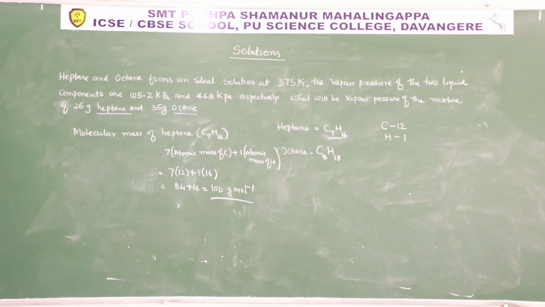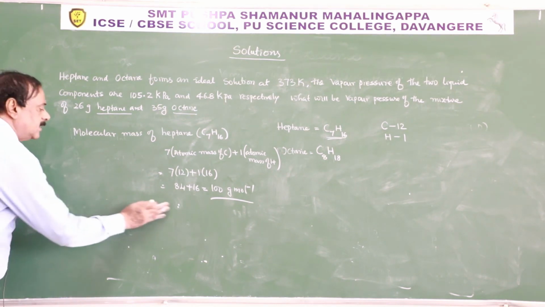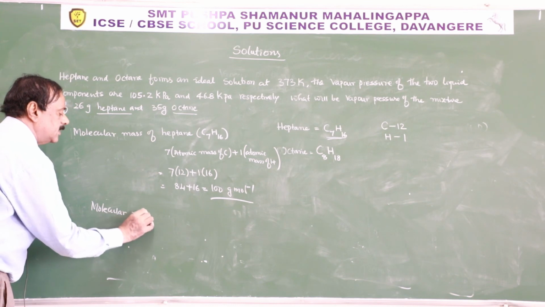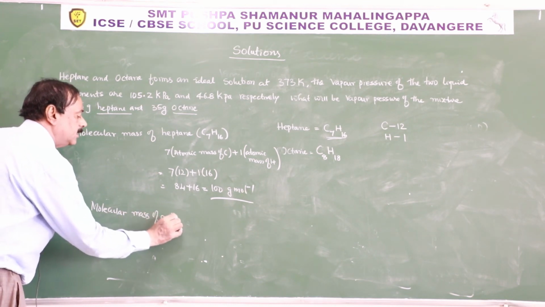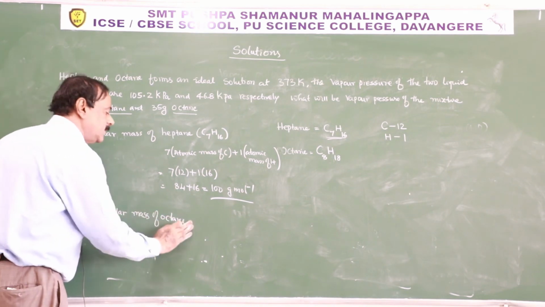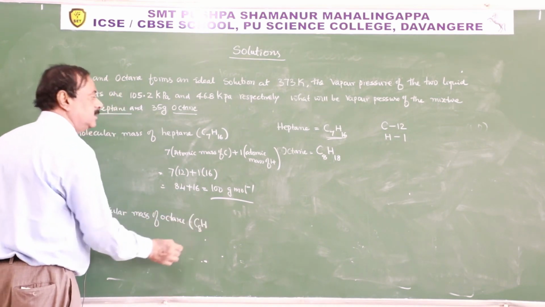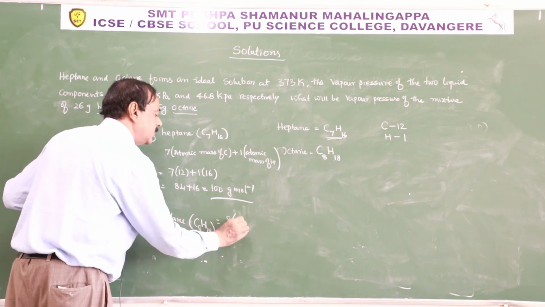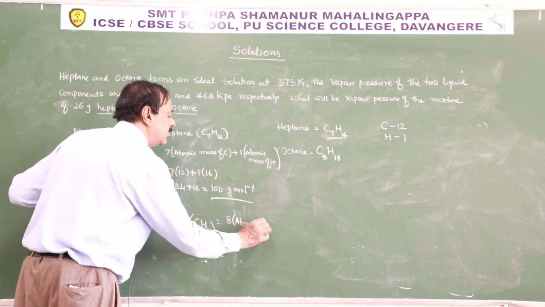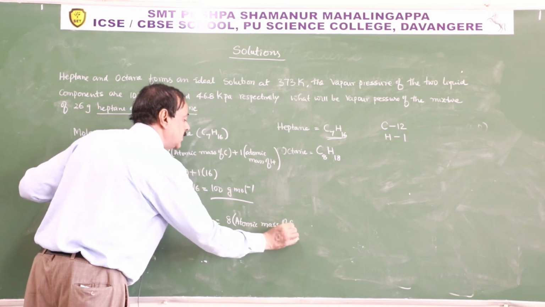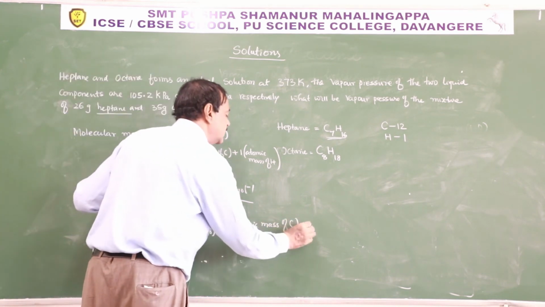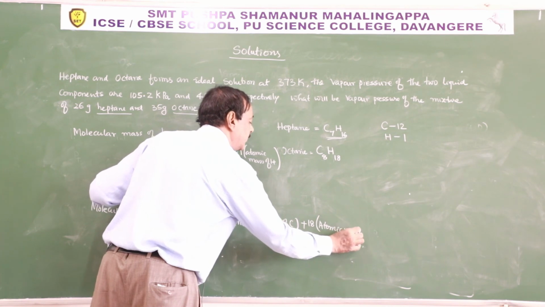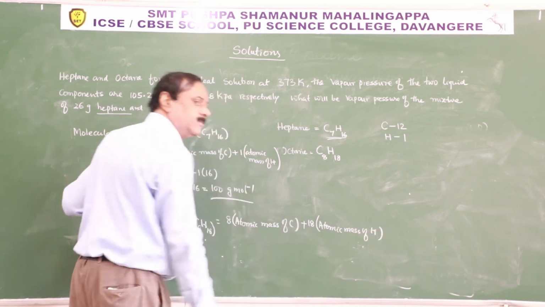What about the molecular mass of octane? Similarly, molecular mass of octane, C8H18, you can calculate, that is 8 into atomic mass of carbon plus 18 times the atomic mass of hydrogen.